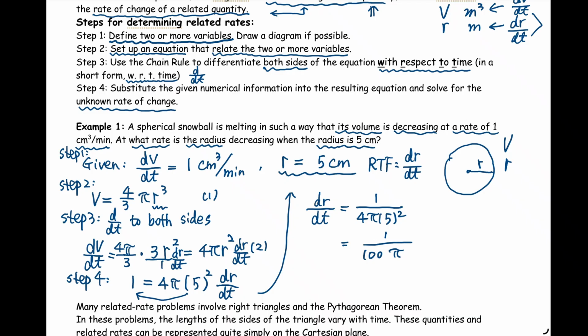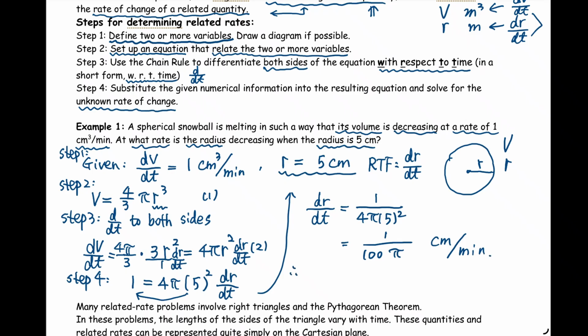Then you could use your calculator to find out what this is. If it doesn't ask for decimal places, you could just leave it here. And don't forget the unit is centimeters per minute.